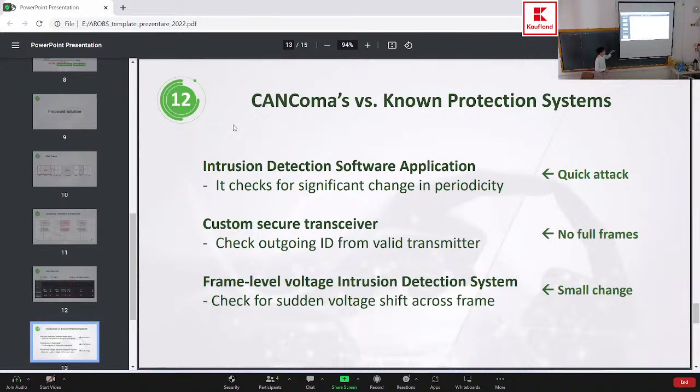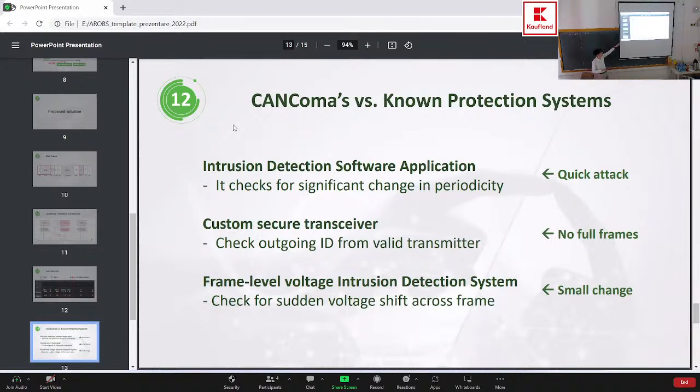For instance, the intrusion detection software application, which checks for message periodicity, is not applicable to our work because we are not sending data. We are not modifying the periodicity. We are only sniffing those messages and then destroying them.